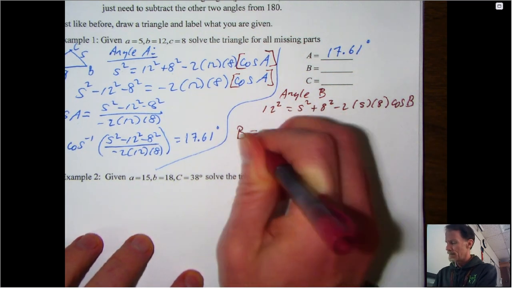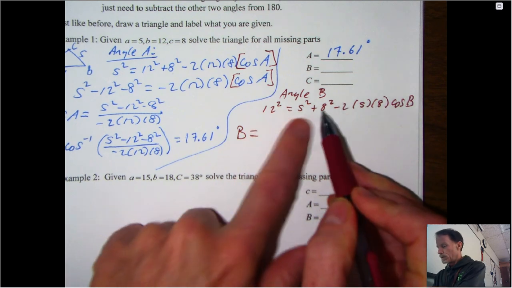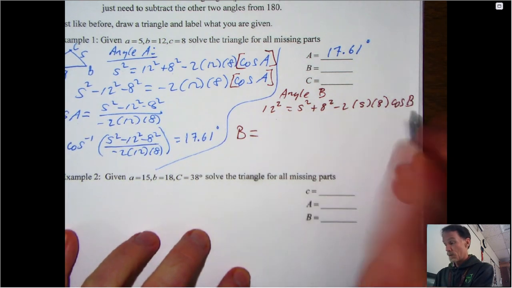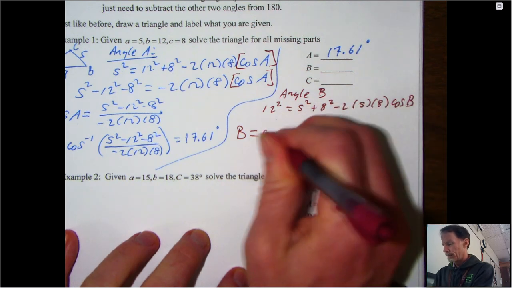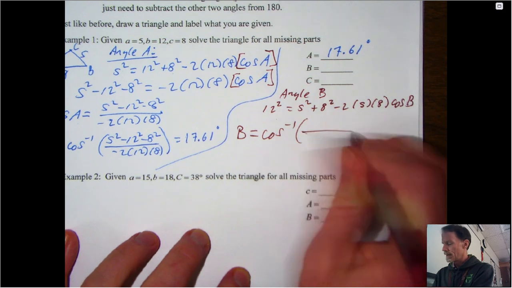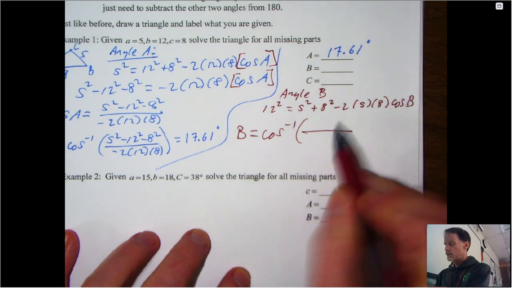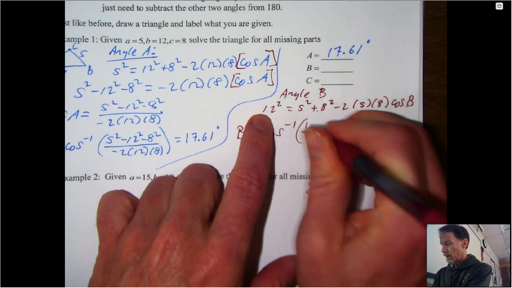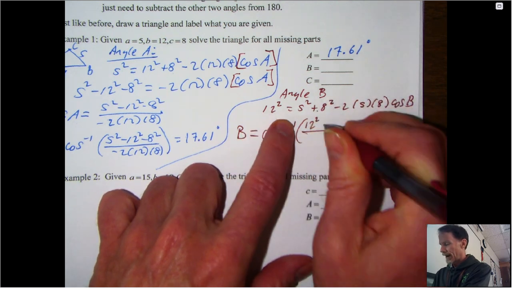So here we go. B is equal to, the first thing we're doing is subtracting. So the top of your fraction, and also remember, we have to do the cosine inverse, right? So cosine inverse on the outside, parentheses, make a fraction. The top of the fraction is going to be all your squared values. So the thing you start with, my 12 is going to be on the outside, and then subtracting the other 2.